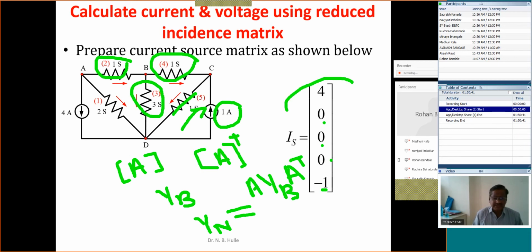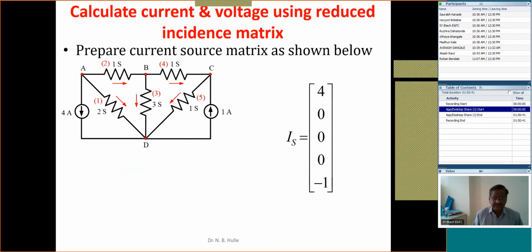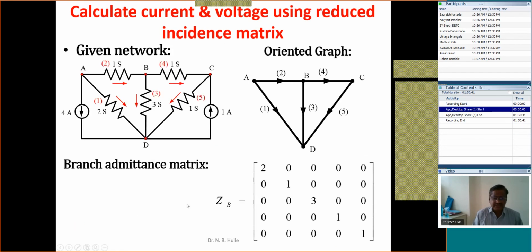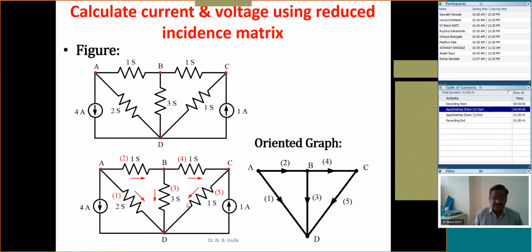After that, we have prepared this IS, the current source matrix. Now look at what we have done. I'm revising again. For this given figure, we have drawn this oriented graph.